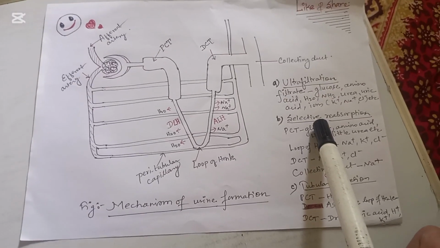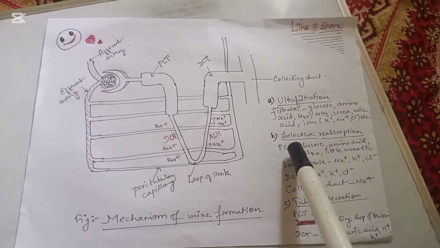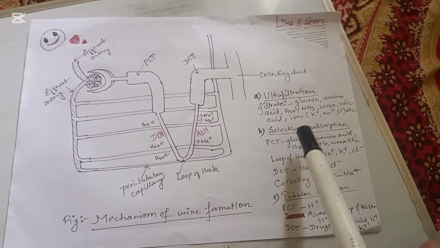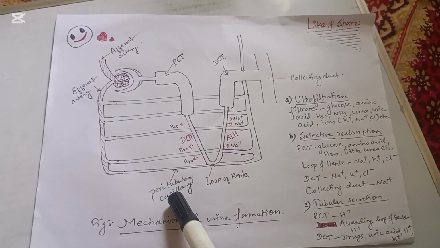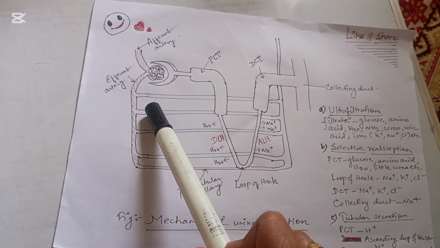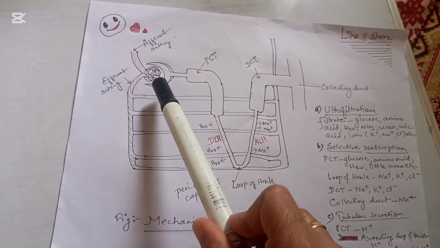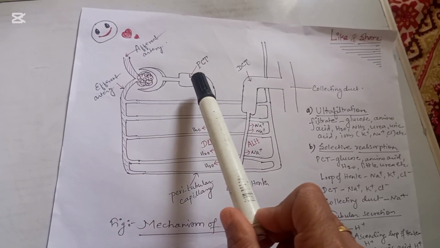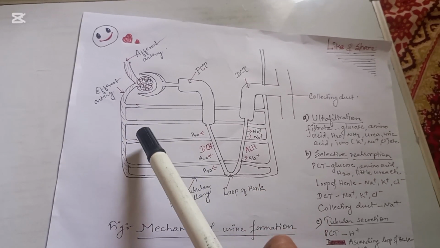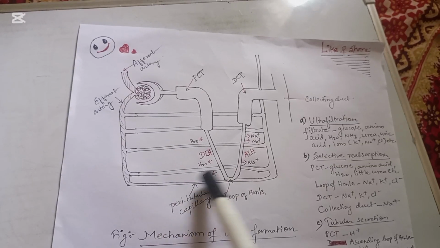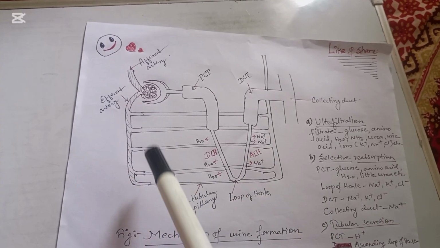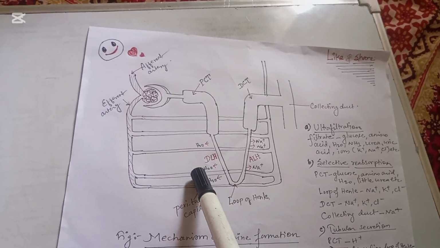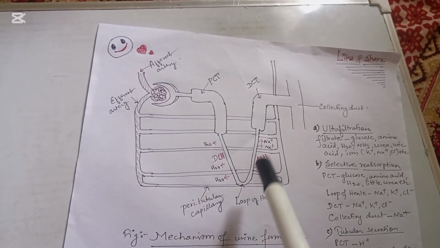Now, the second step of the mechanism of urine formation. Before talking about this selective reabsorption, let us know what a peritubular capillary is. Here we see the efferent artery, which is collecting a little amount of blood and releasing it out from the glomerulus. So these parallel tubules, all together, form the peritubular capillary because they surround the entire renal tubule.